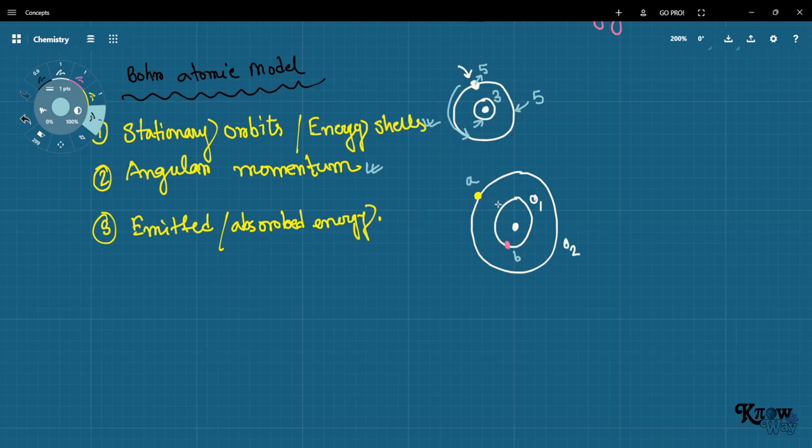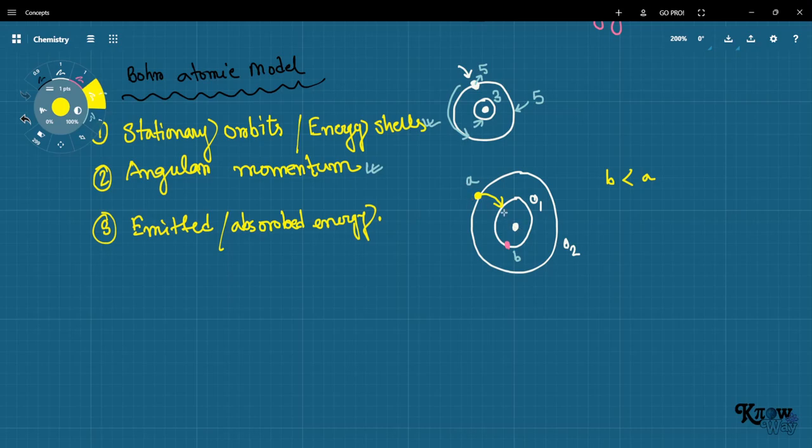Now let's say this yellow electron doesn't want to stay in this orbit. He wants to migrate to this orbit. We need to know that this orbit's energy, the energy B, will be less than the energy of A. That means A's energy is greater.